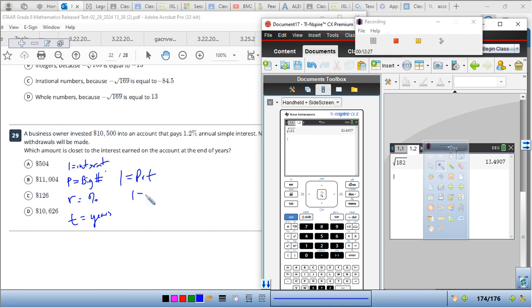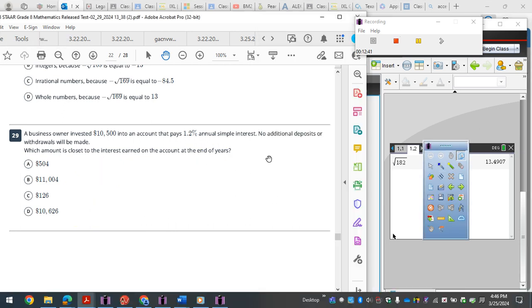So I equals 10,500 times a rate of 1.2% at the end of years. I think that's at the end of each year.